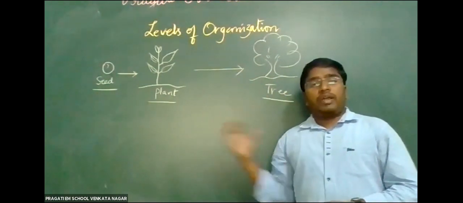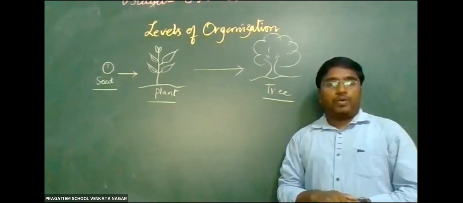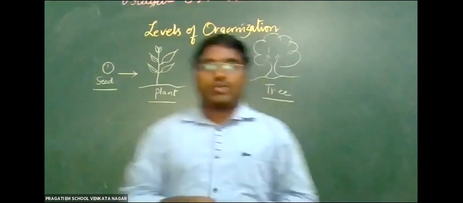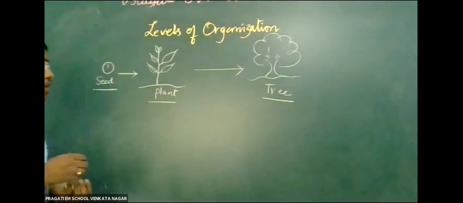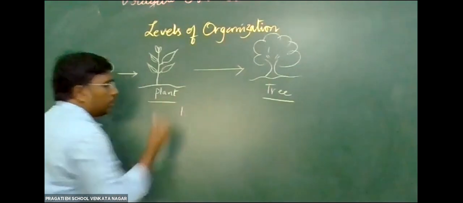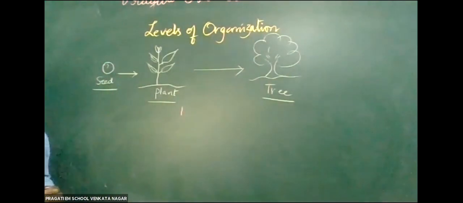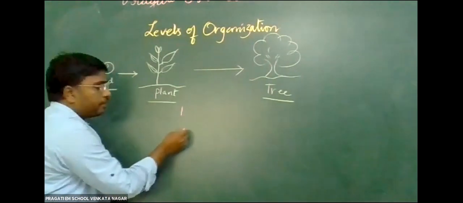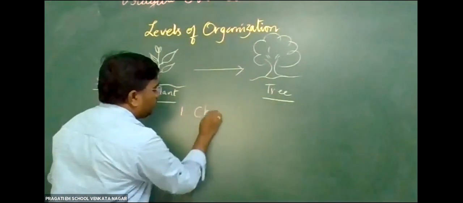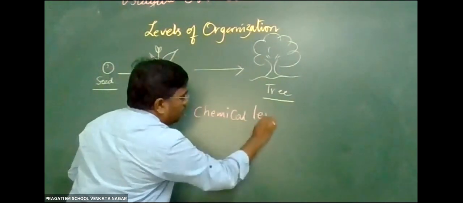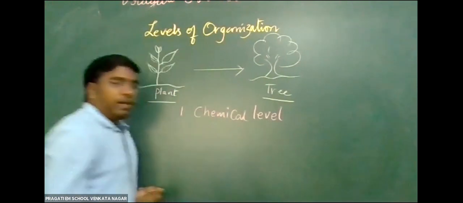So this organization is divided into some basic concepts. What are those basic concepts, which we discussed already? First one, based on the levels, we discussed the chemical level of organization.